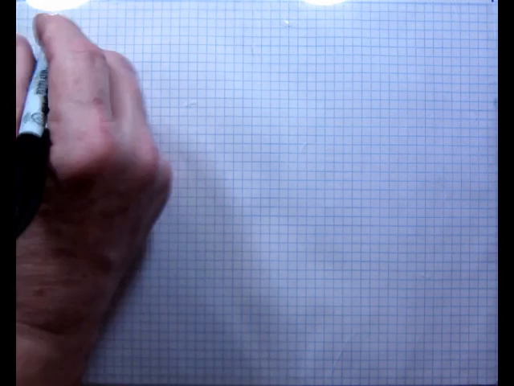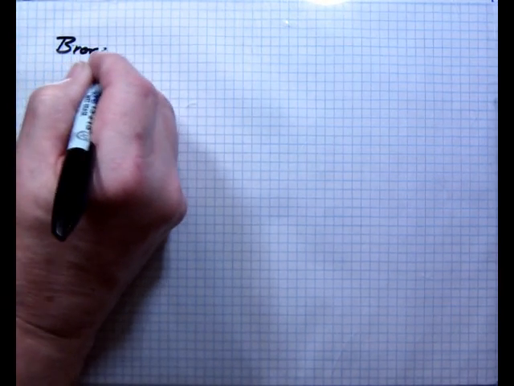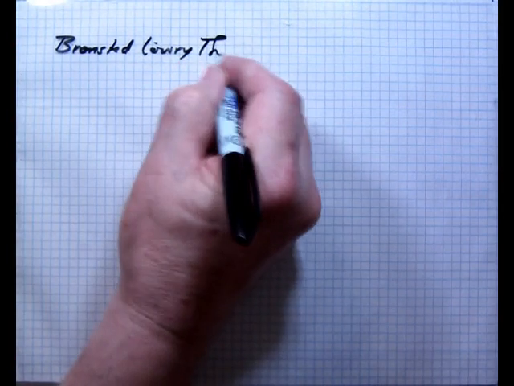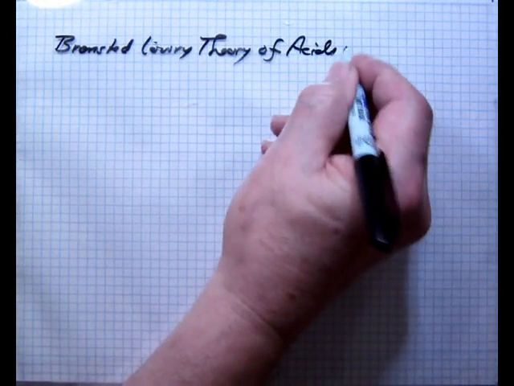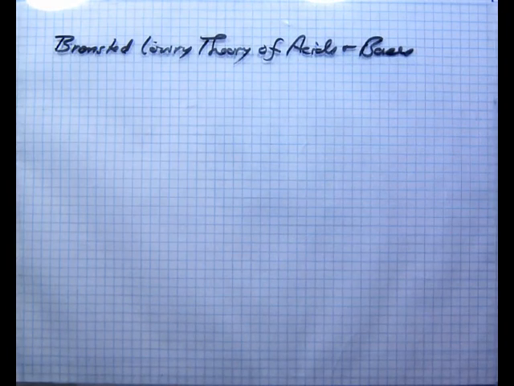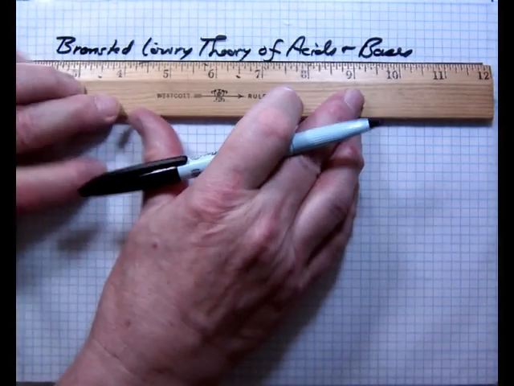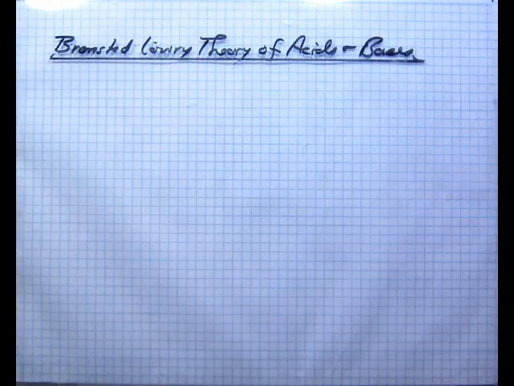Okay, the second theory of acids and bases is the Bronsted-Lowry theory.